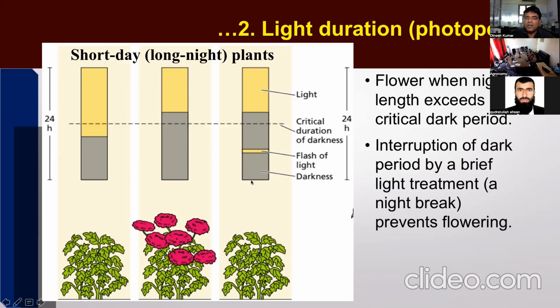In the third case, the darkness was more than the critical duration, but in between the darkness, you have a flash of light. Say you have given 10, 12 hours of dark period, but suddenly for half an hour you have given light, then it will not flower. So this picture proves that for the short day plant, the dark period is more important than the light period for flowering.